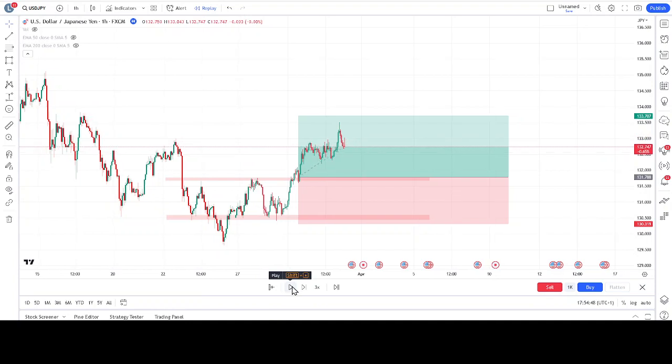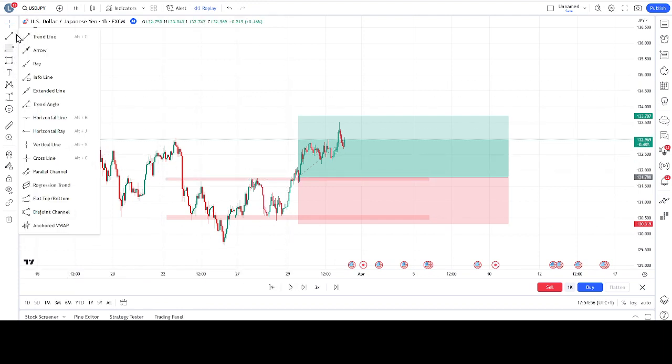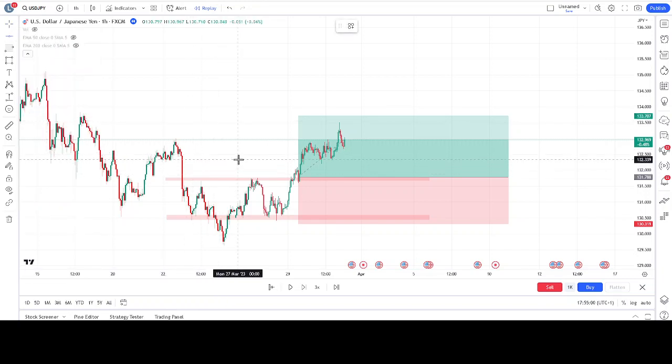So one thing I want to show you here, I just paused it here so you can see the horizontal line here. This is creating a support here.